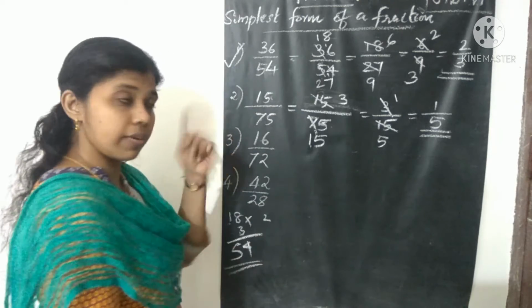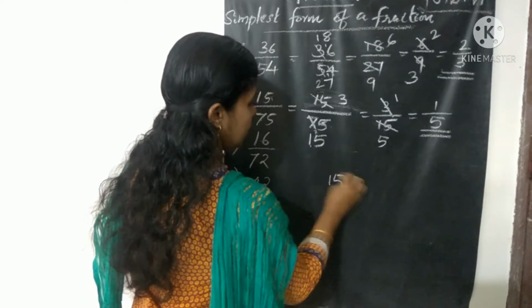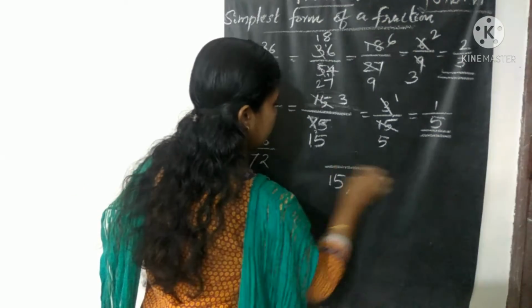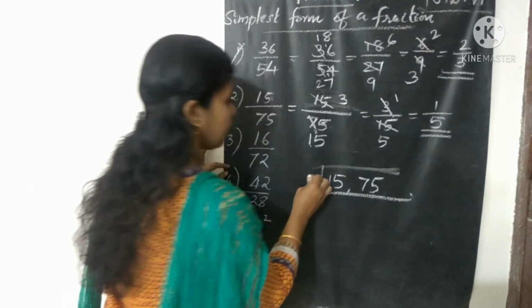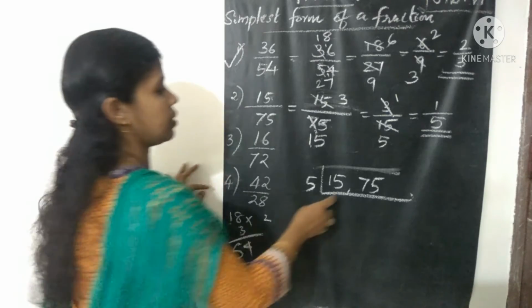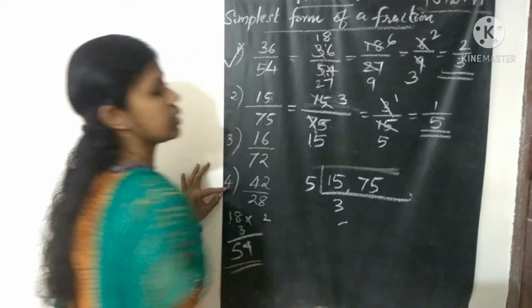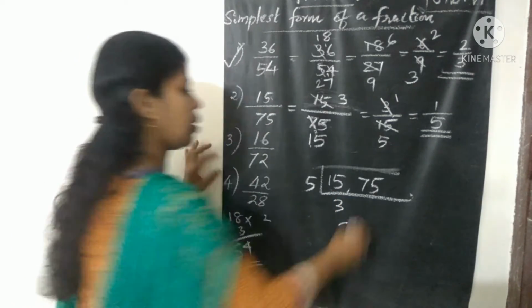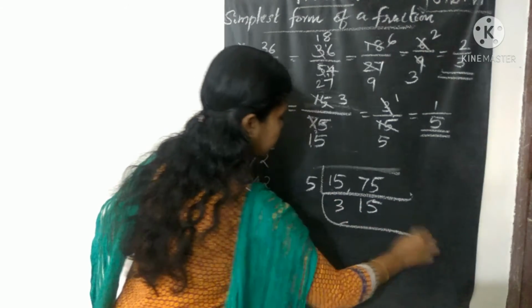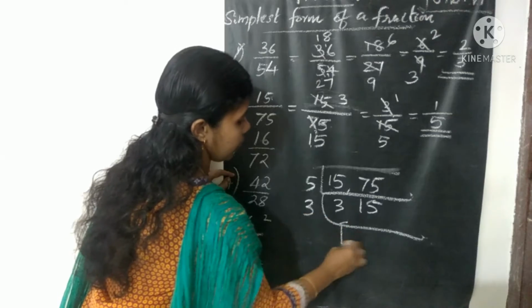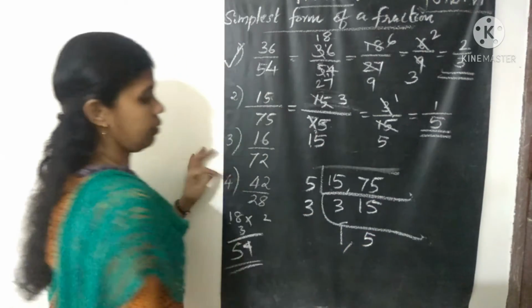Okay. Then our second method. 15 and 75. Then find the HCF. 5. How many 5s in 15? 3 5s. How many 5s in 75? 15 5s. Okay, next 3. 1 into 3, 3.